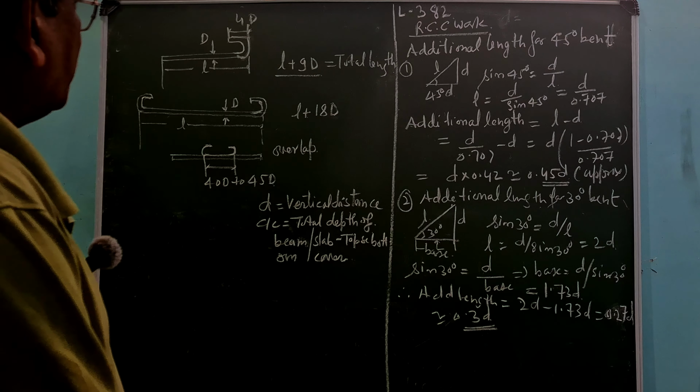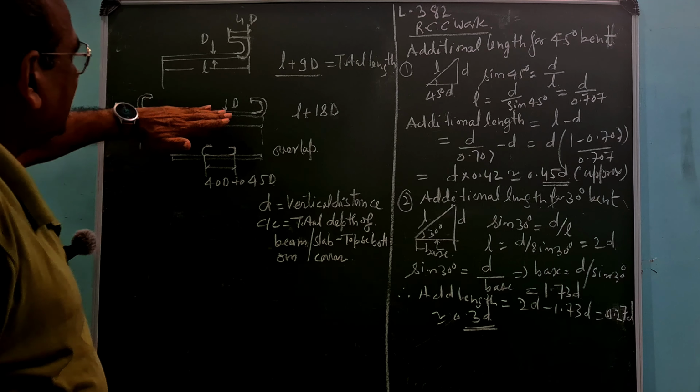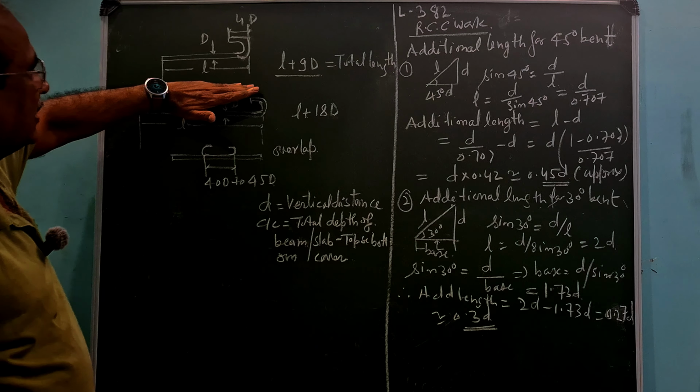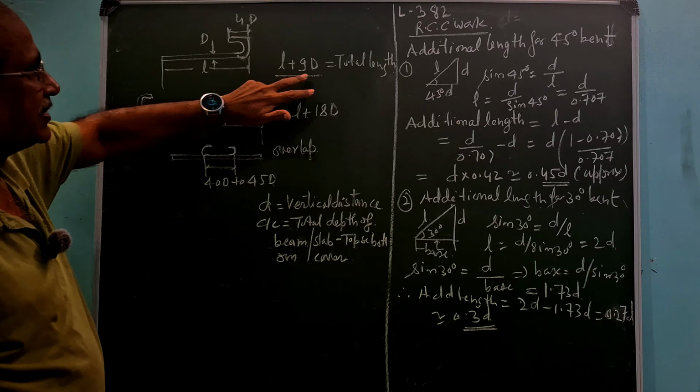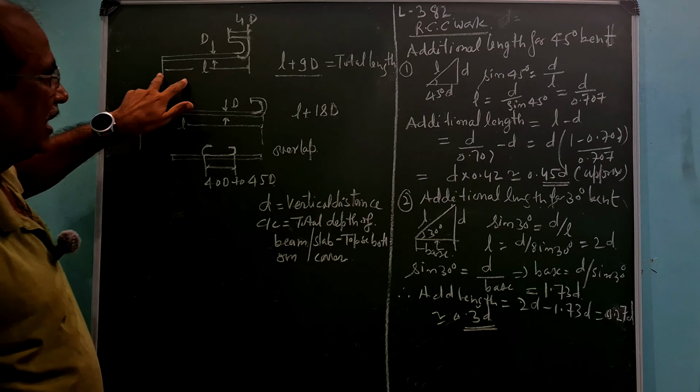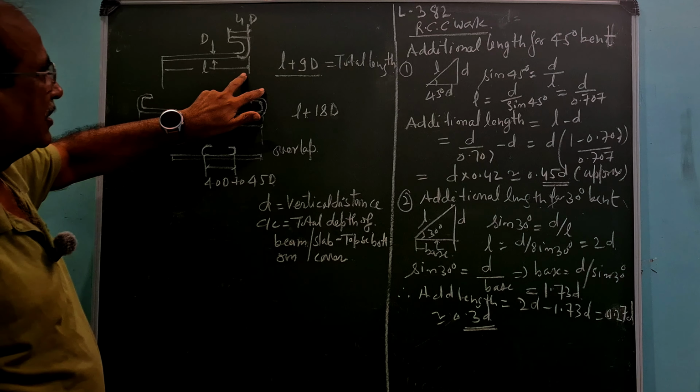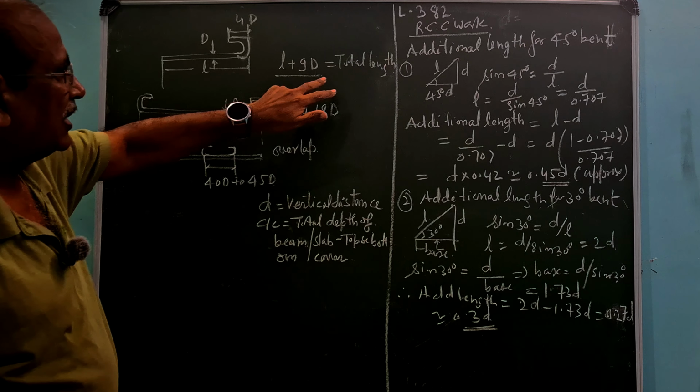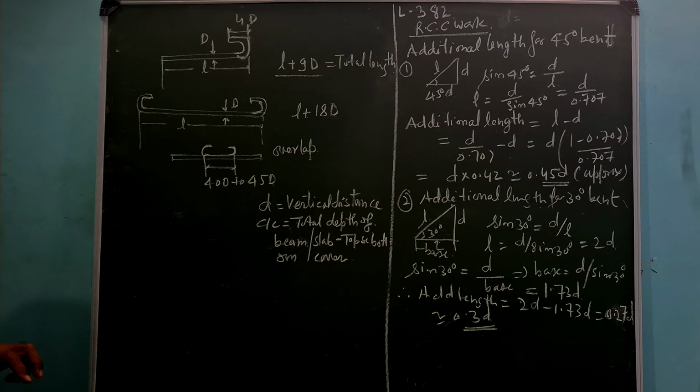If you take a standard hook, where one end is bent, then the total length will be L plus 9D. L is the outer length, which you can calculate.